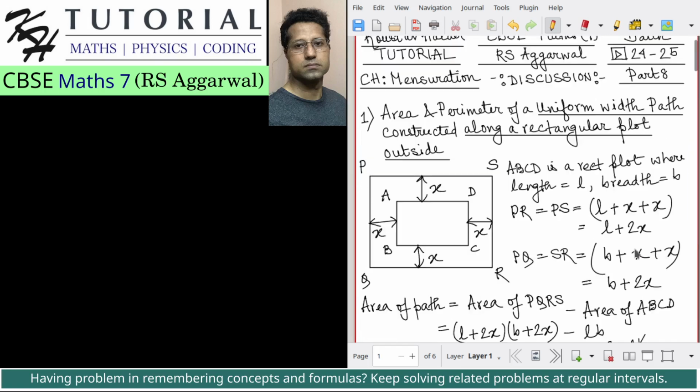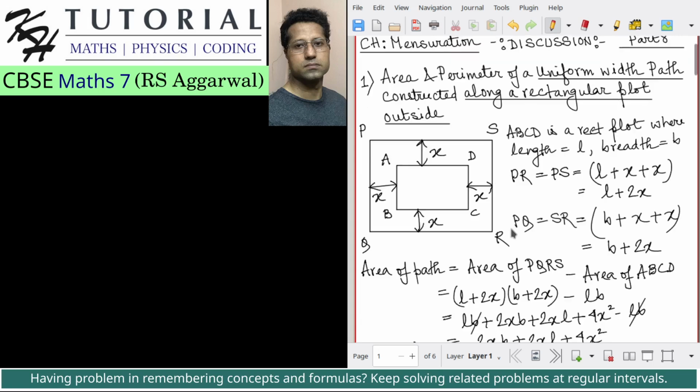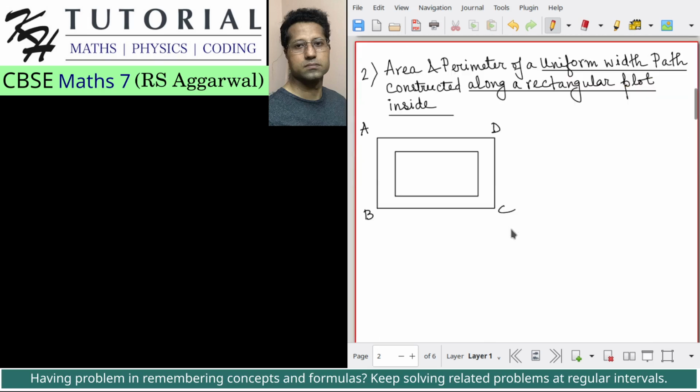So in the previous case, when the path was constructed outside the plot, the rectangle formed was PQRS. PQRS was the outer boundary of the path, and this time when the path is constructed inside the plot, the outer boundary of the path is the same as the outer boundary of the rectangular plot, but the inner boundary will be this rectangle PQRS, and we have this width, let's say x.